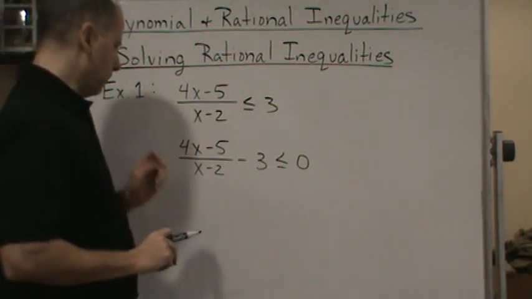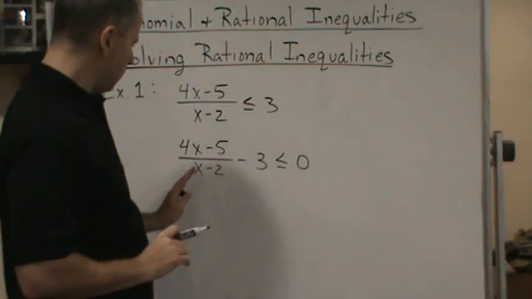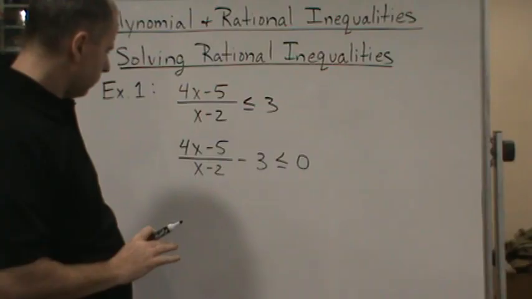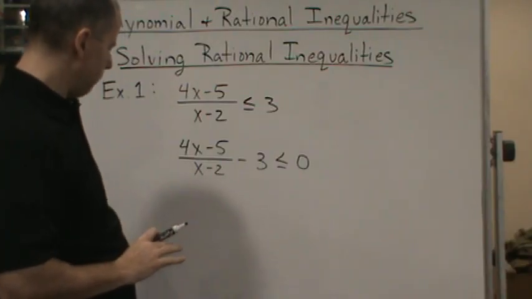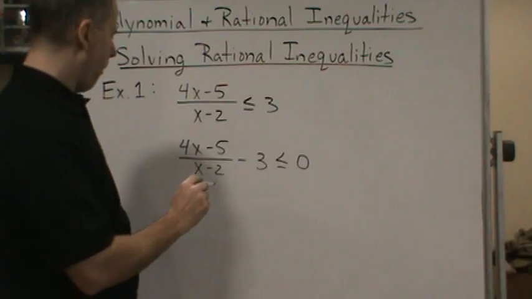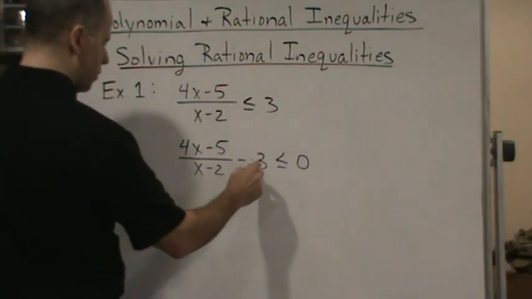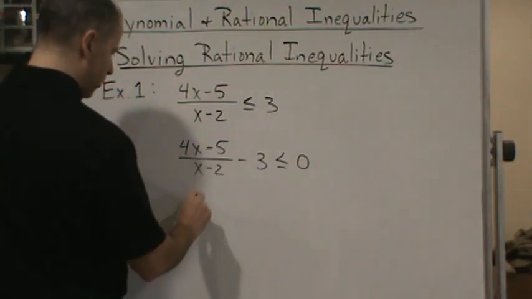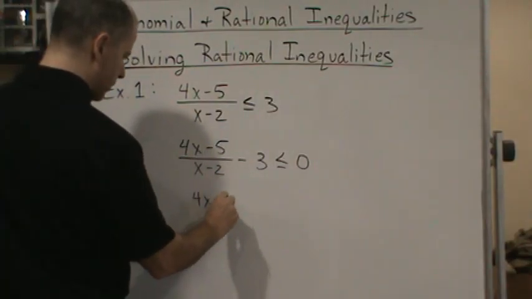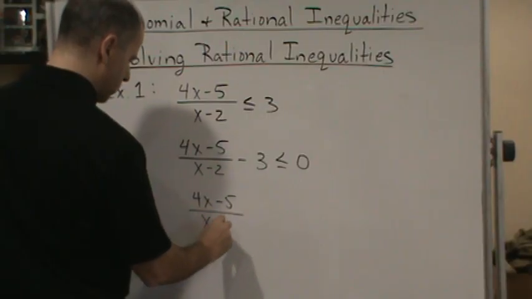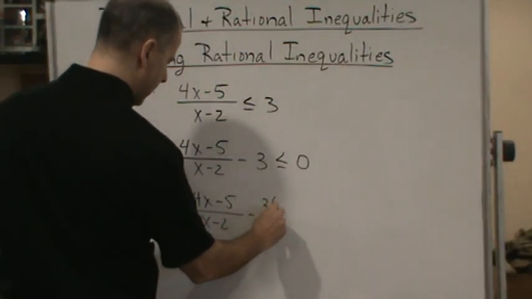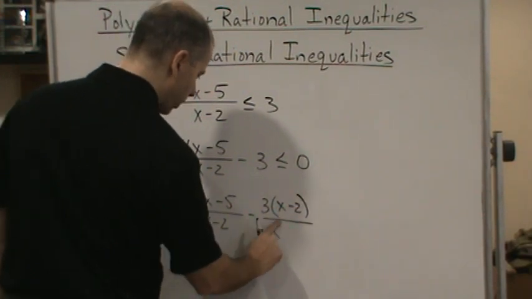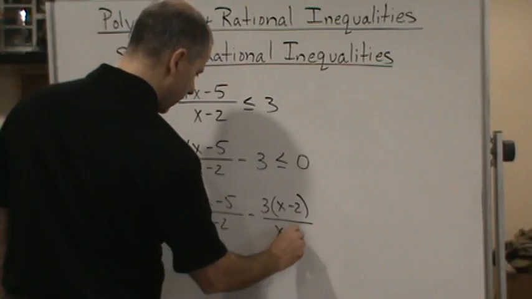So now I want to simplify this side by getting a common denominator and simplifying. So I'm going to multiply the top and the bottom by x minus 2. So that's going to give me 4x minus 5 over x minus 2 minus 3 times x minus 2 over x minus 2.